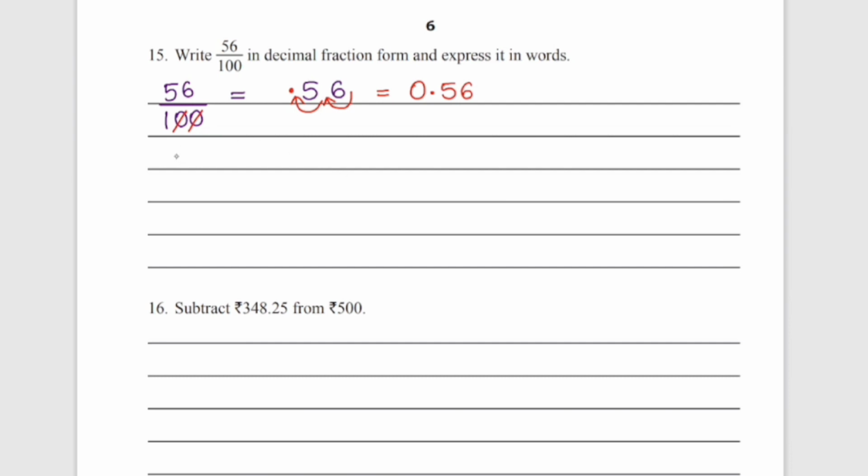So we get 0.56. In words, 0.56 can be written as 0 and 56 hundredths. In other words, 0.56.